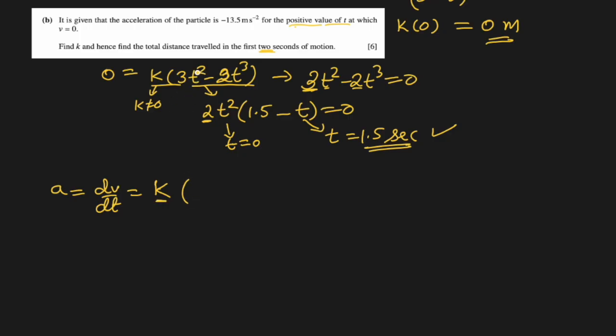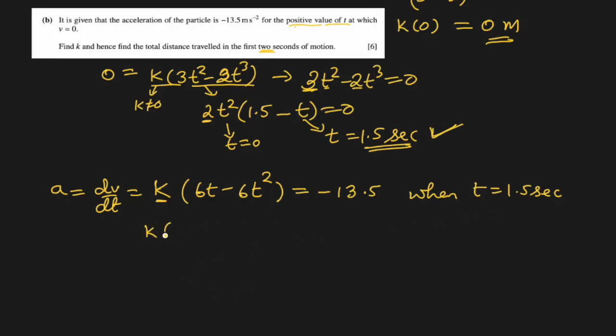The differentiation of this will be 6t, and this will be minus 6t square. Okay, and they said it is minus 13.5 when time is 1.5 seconds, right? Indirectly, because they said when velocity was 0, and we just found that at 1.5 the velocity is 0. So that's why we substitute here 1.5.